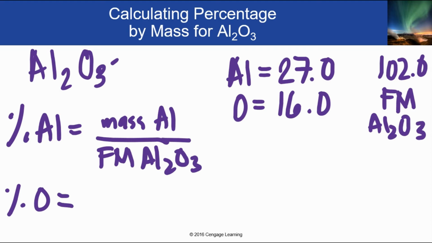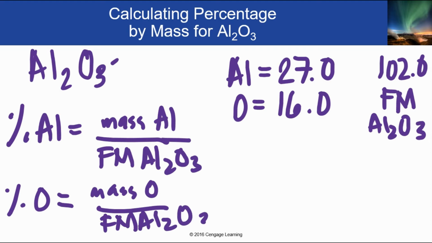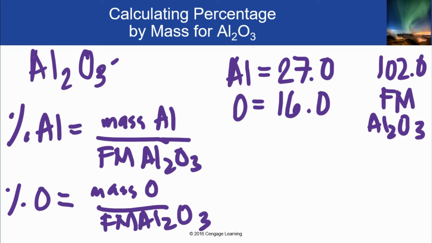Percentage by mass oxygen is equal to mass of oxygen divided by formula mass of Al2O3. At huwag natin kalimutang lagyan ng times 100 ang bawat isa. Kasi we're looking for percentage. So I'll give you 5 minutes to answer this exercise.